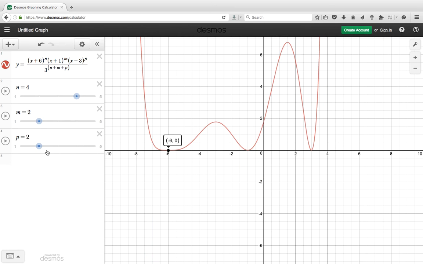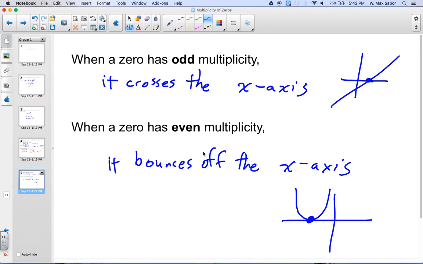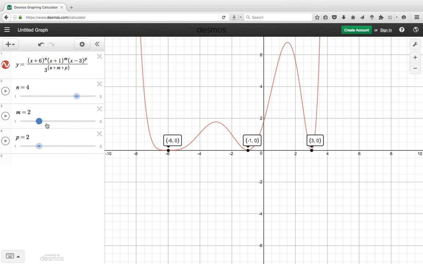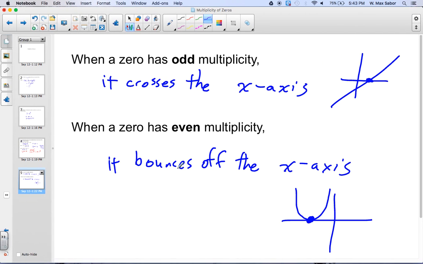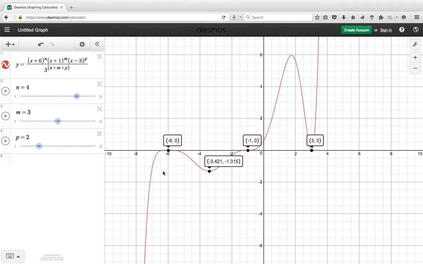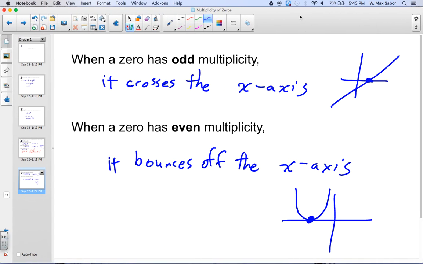But if I go back to a case where they all have even multiplicity, the negative 6 has a multiplicity of 4, this has a multiplicity of 2, this has a multiplicity of 2, then each time it's bouncing. So, to recap, when a zero has odd multiplicity, like this one, it crosses the x-axis. But when a zero has even multiplicity, it bounces off the axis, so right here and here. That's multiplicity.